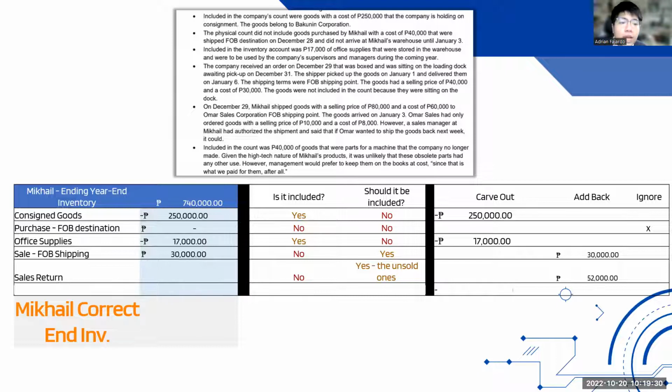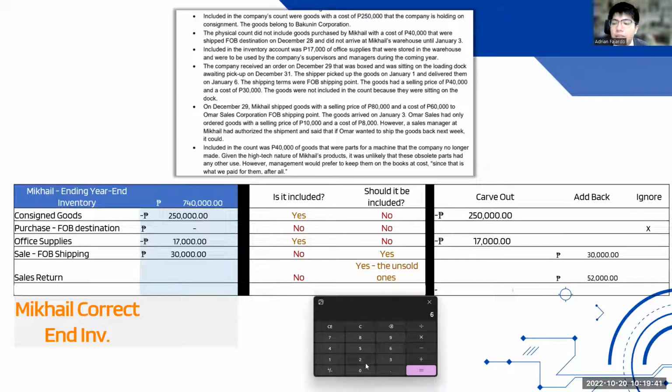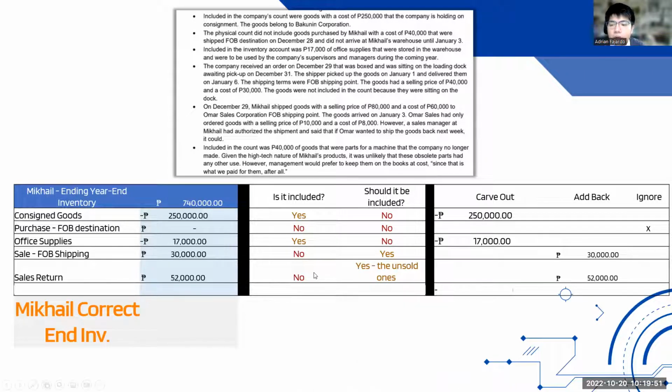Kaya 52,000 yung lumabas. Why? Because, how did we get 52? We had 60,000 na we thought we sold. Pero in reality, it was just 8,000 that we sold. And therefore, we have to add back the 52,000 that we subtracted in order to get the correct balance.